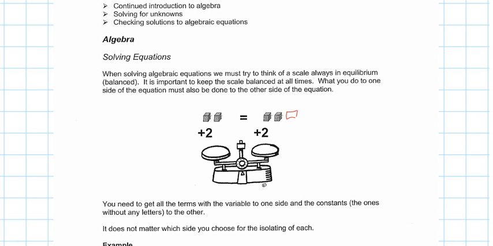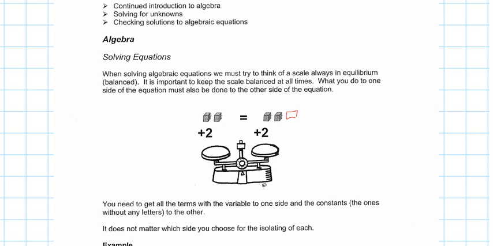What's going to happen to the balance? Is it going to stay equal? Which way is it going to tilt? It's going to tilt to the left. Yes? Yeah, because then I have 3 cubes here instead of 2, right?